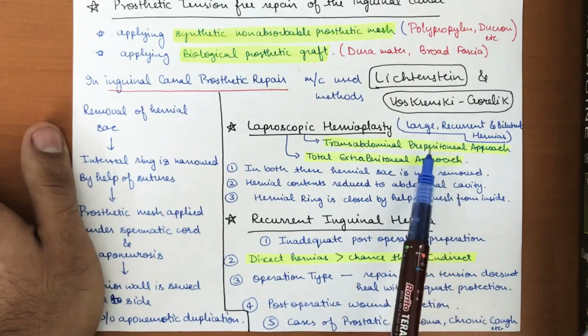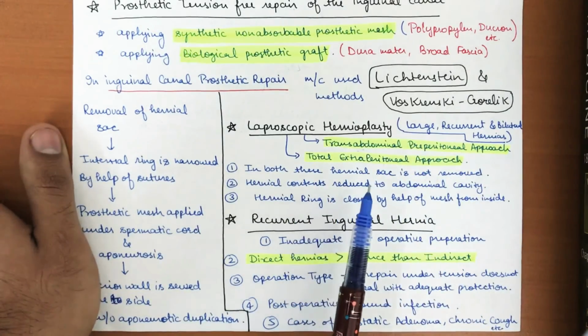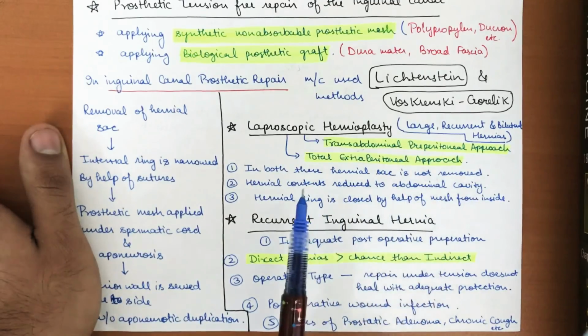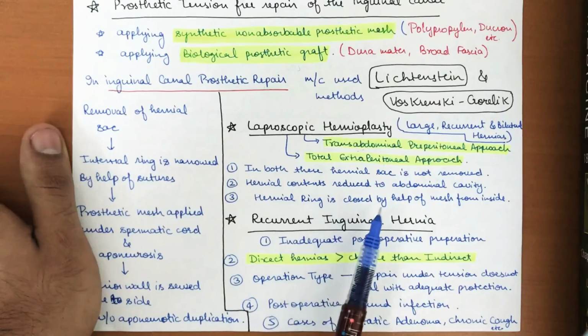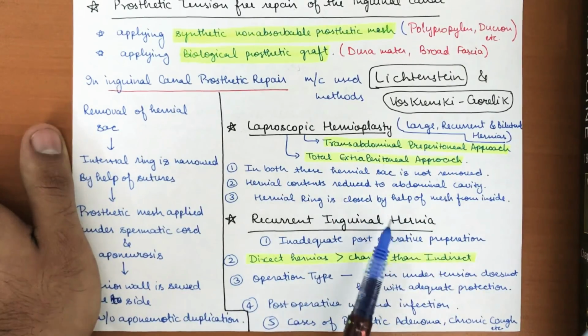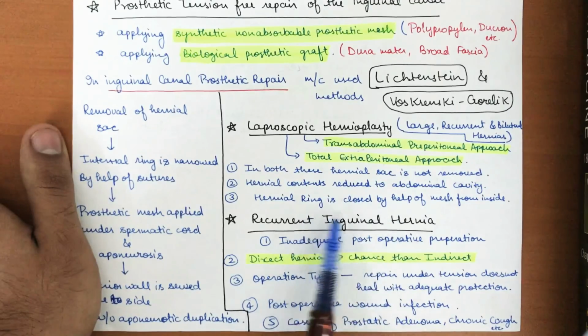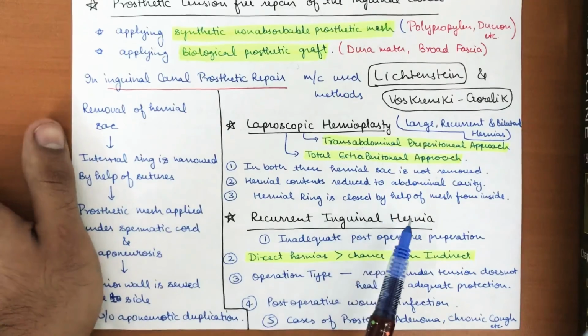In both of these methods the hernial sac is not removed. The hernial contents are just reduced into the abdominal cavity and the hernial ring is closed with the help of a mesh from inside. So this is all about laparoscopic hernioplasty.